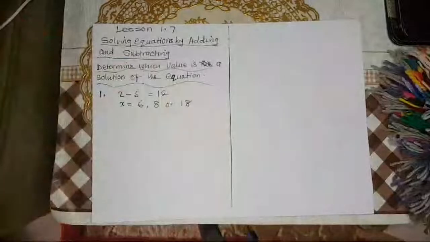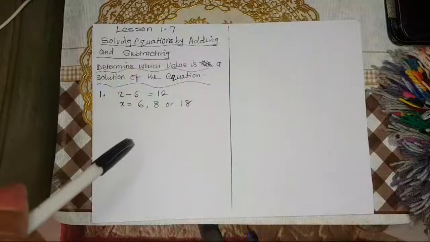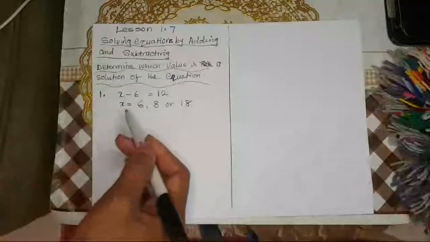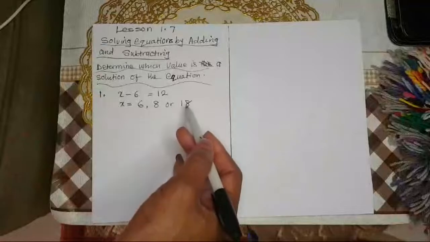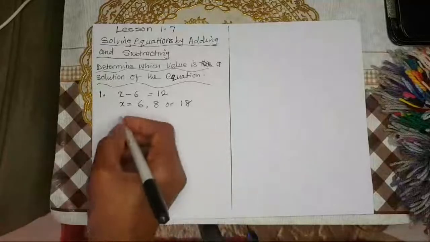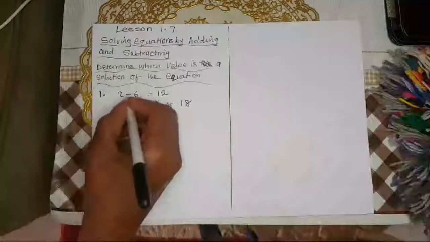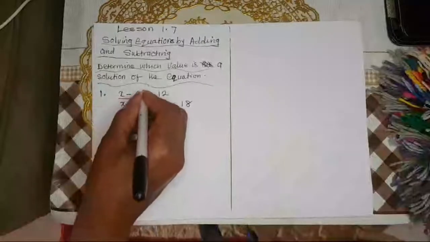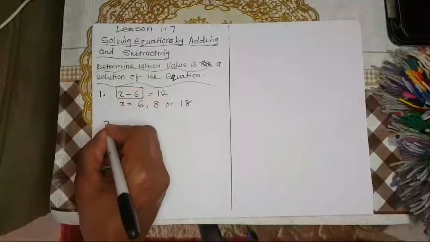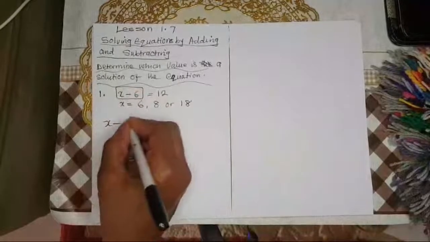So basically what they are trying to tell you here is the same thing we did in 1.1. Anywhere you see x, you're going to put 6, 8 or 18. We're going to use this equation, x minus 6.